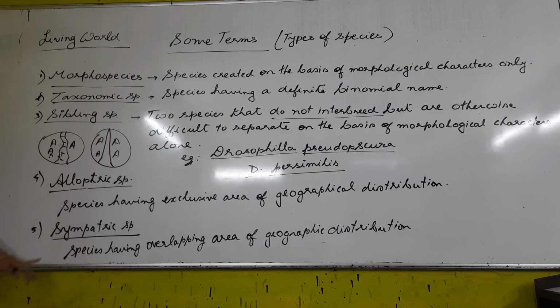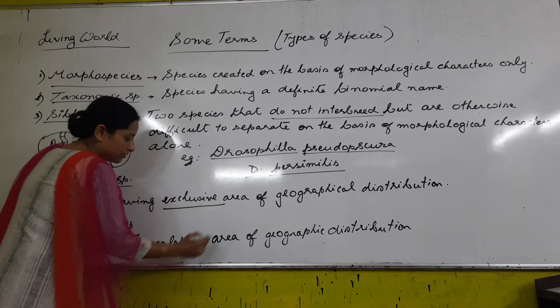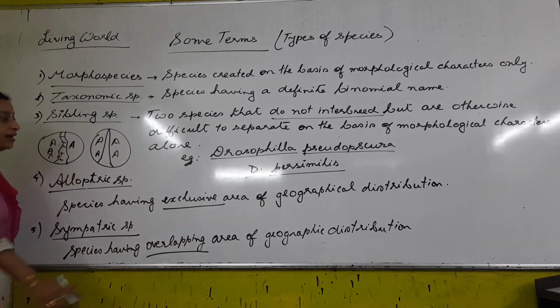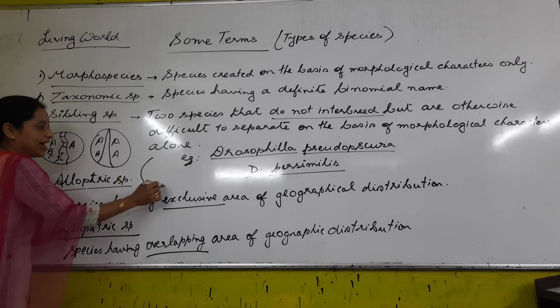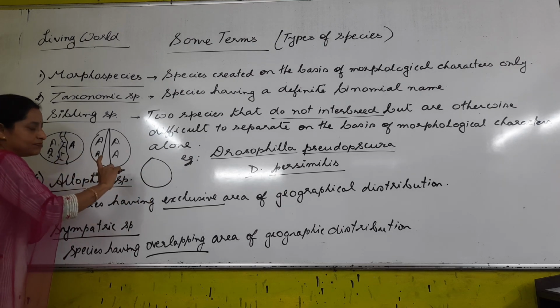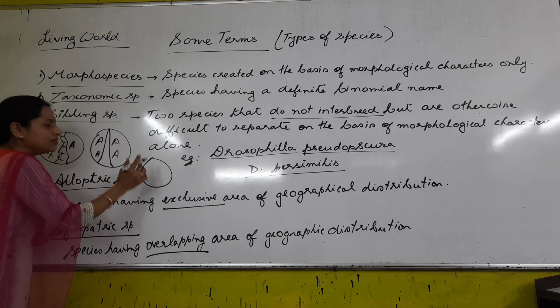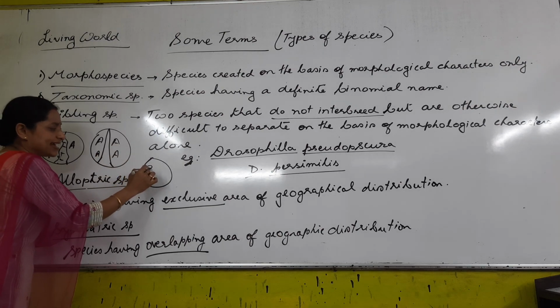So that is allopatric. Talking about sympatric species, remember the words exclusive or overlapping. How is it overlapping? Suppose we have a habitat, and in a particular habitat we talk about insect eggs.